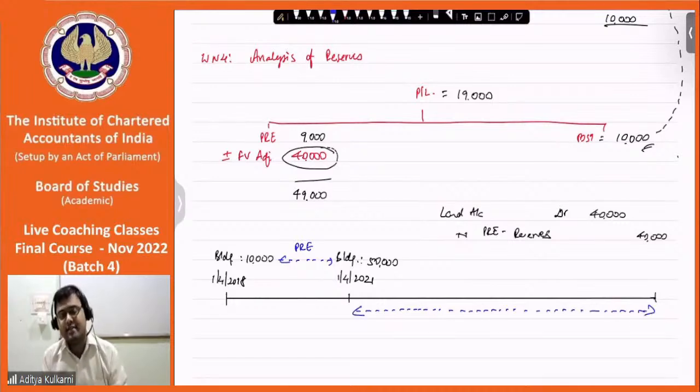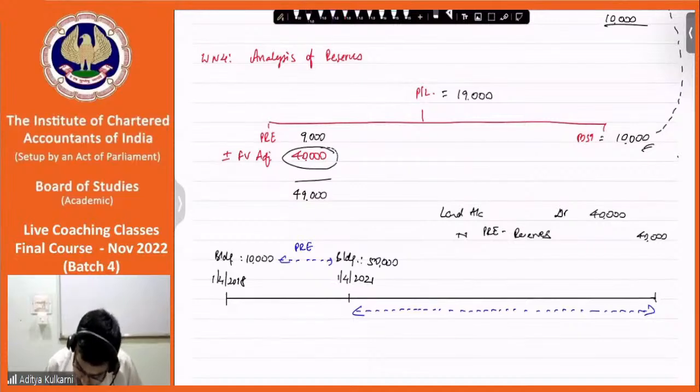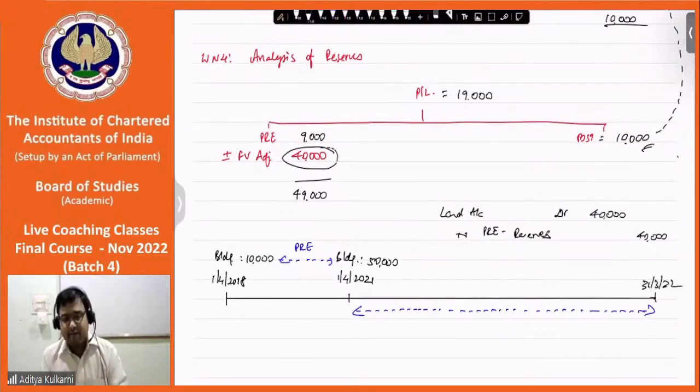Sir, the value is increasing on the date of acquisition. That means, if this is my year when I am preparing the balance sheet, the fair valuation happens at the beginning. So depreciation will increase after the date of fair valuation. Yes or no? Yes.